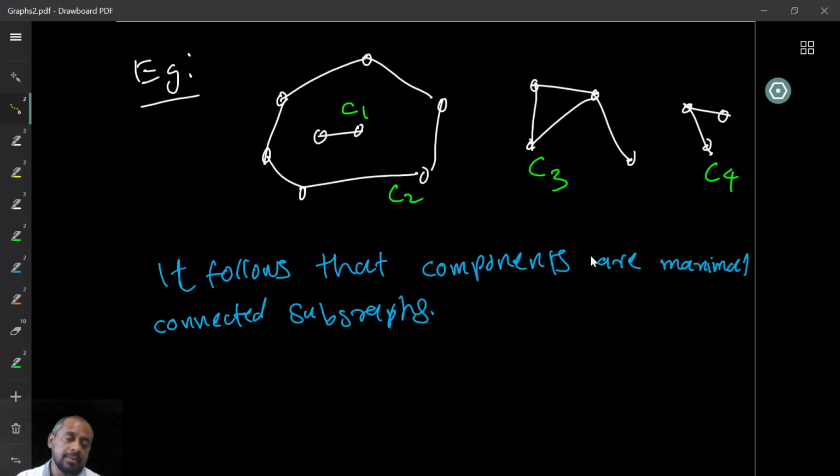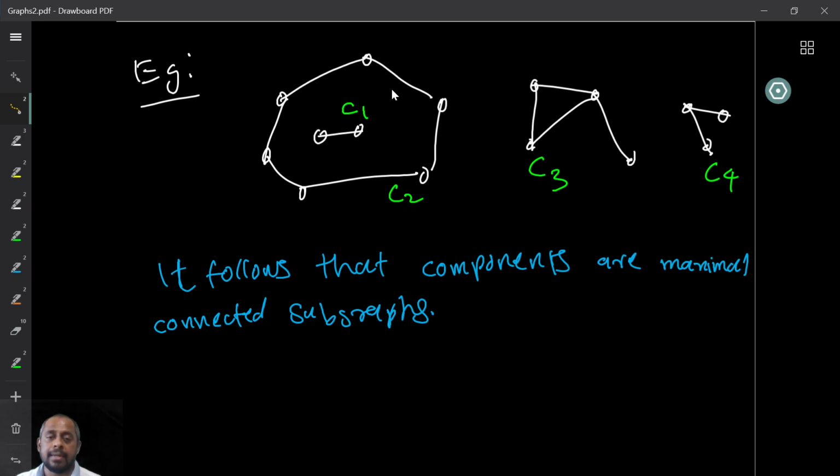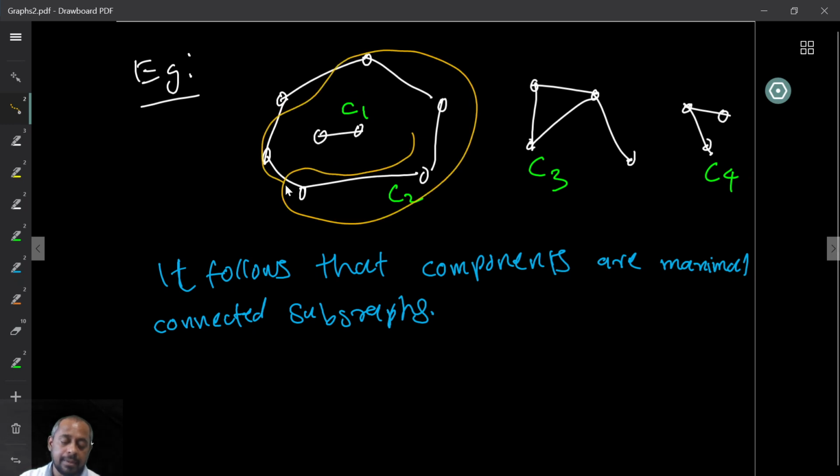The connected components, or simply components, are basically this is a connected component, right? You can verify that these are all equivalence classes under this connectivity relation, right? Because of transitivity, for example, if this and this are in the same class, then they should be connected somewhere, right? So therefore, this one by itself is a component. This thing is another component, right? And here you have this component.